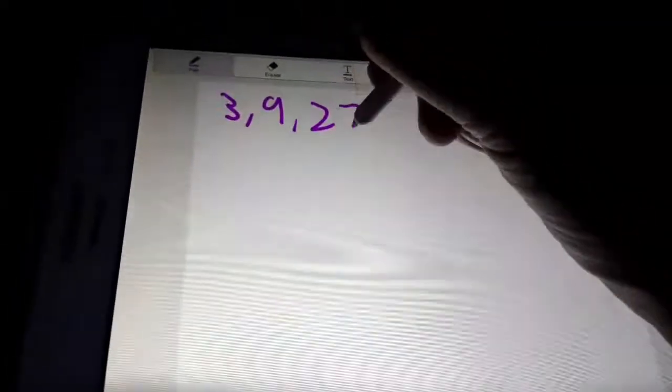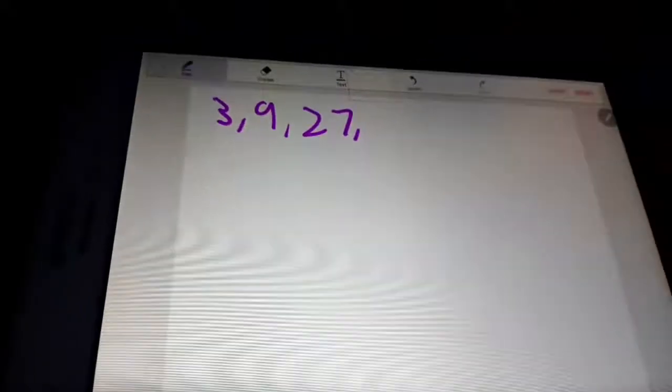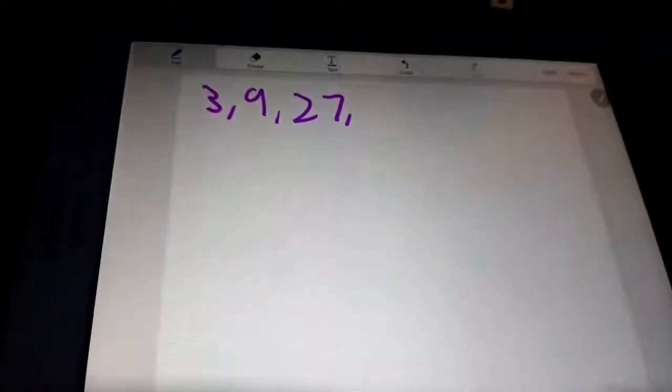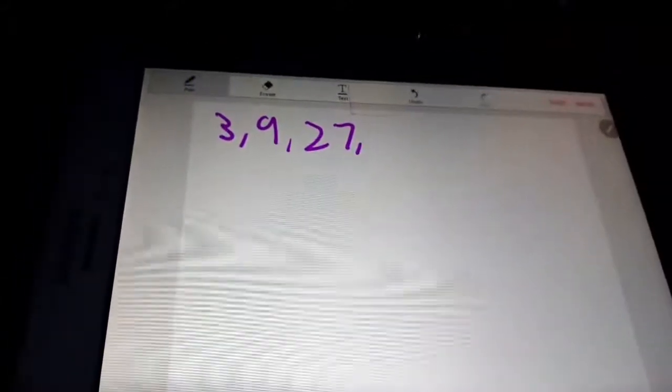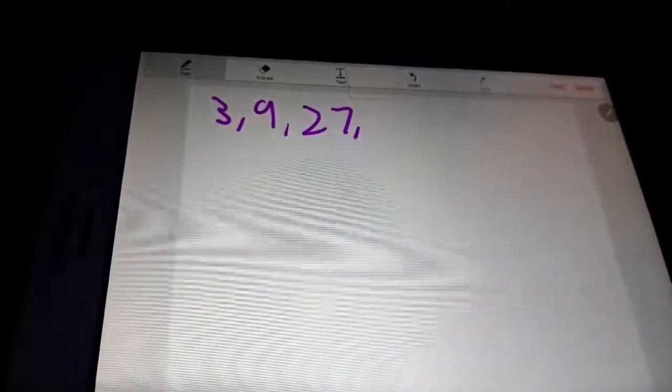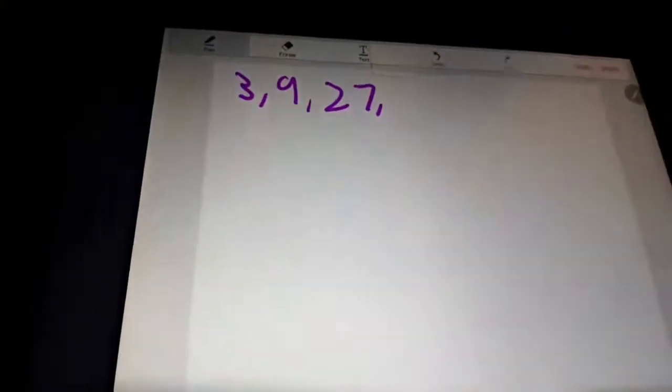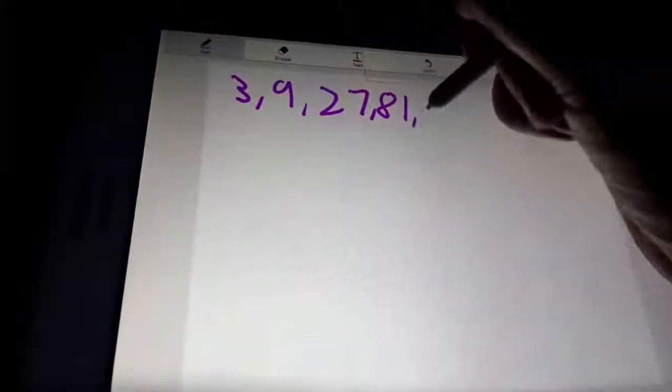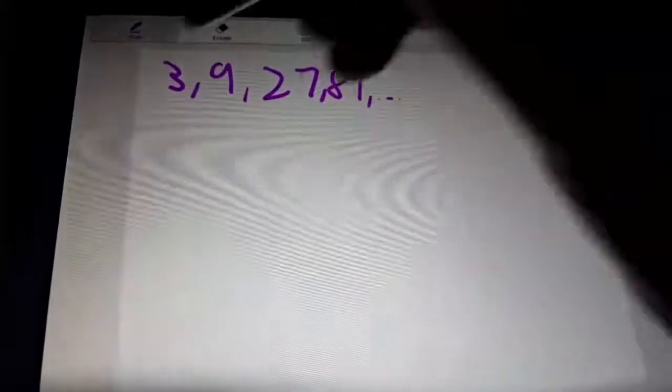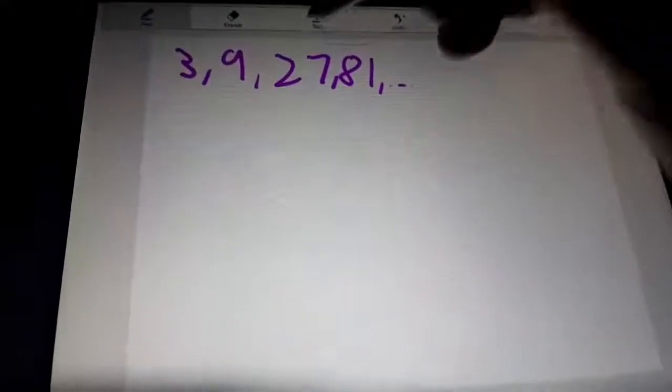So, I have here these numbers 3, 9, 27, and 81.